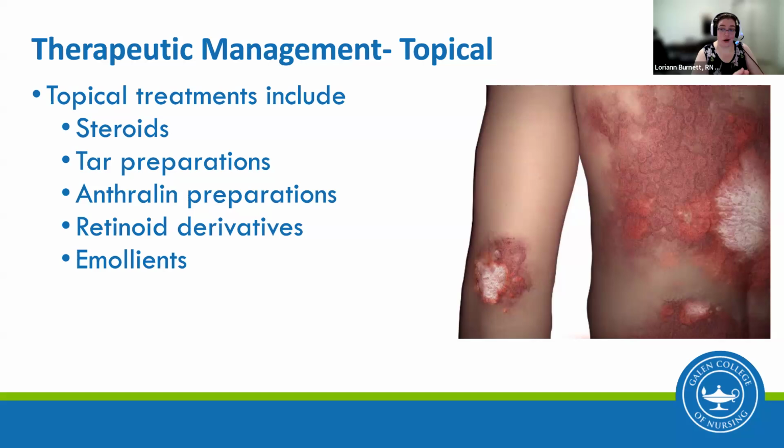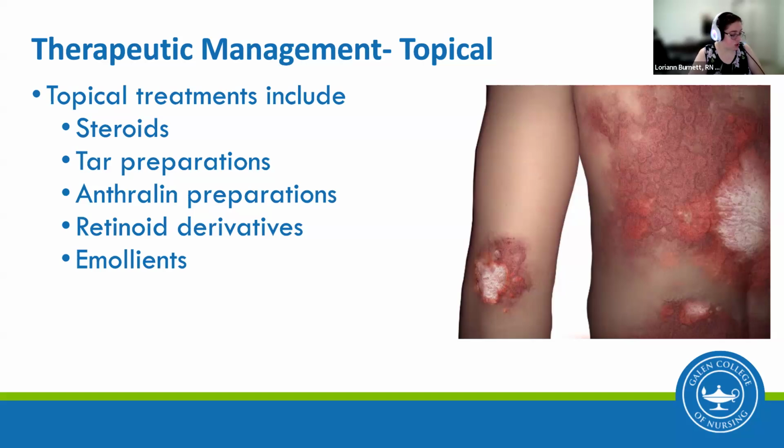Be aware that they are teratogenic. It can cause severe birth defects. So with that, don't use it if you want to become pregnant or are pregnant. Also, we don't want the pregnant wife putting it on their partner's plaques because again, it can absorb into there. So that's a safety thing.